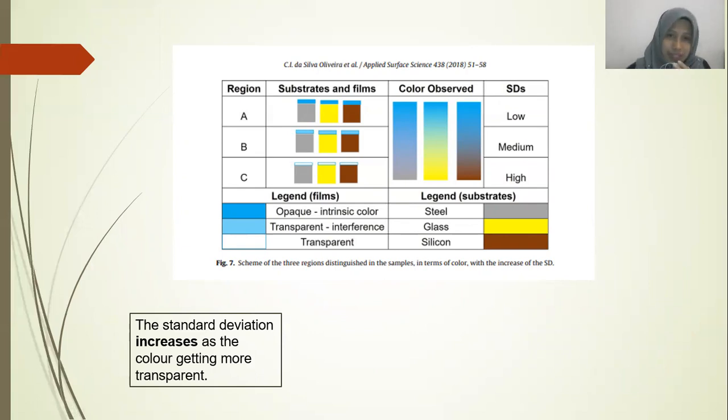From this slide, we could see the scheme of the three regions distinguished in the samples in terms of color, with the increase of the standard deviation. In region A, the substrate and the film reproduce the color with a low standard deviation.